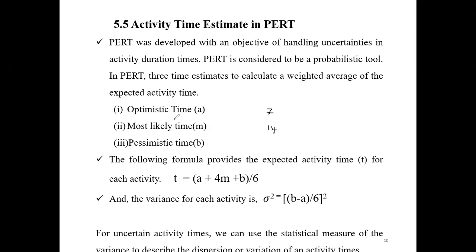In decision making theory, the optimistic value is the alpha value. In the decision making criterion of realism, we assign alpha to optimistic, that means the probability for the highest payoff. Here, optimistic time means the minimum time duration taken to perform an activity.